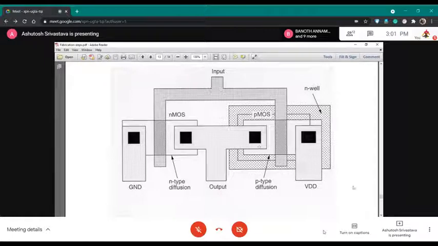So this is basically the layout of a simple inverter. In other words, of a CMOS, of the complementary MOS. So complementary means NMOS and its complement is PMOS. That is, they are almost opposite to each other. They complement each other.